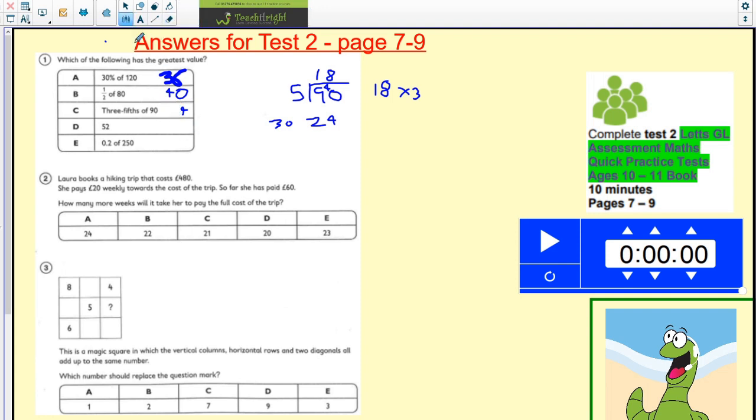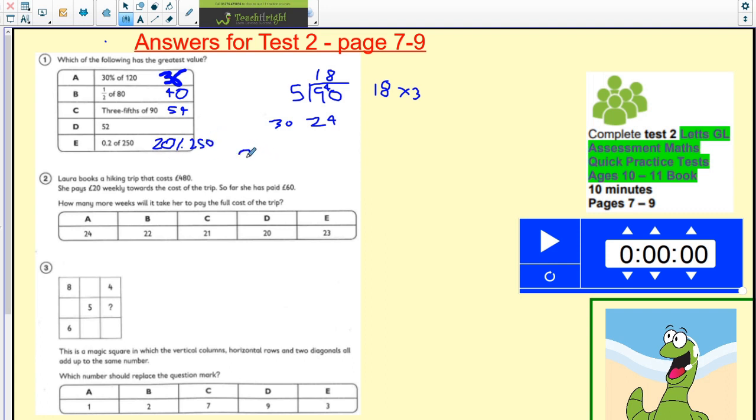Then the last one, I like this bit of maths. I can work out what 5 squared is. Just leave it alone. And then 0.2 of 250. And remember, of means times, so we could multiply it. That might be the easiest way. I think, for my own mind, I'm going to turn that into a percentage, because that's the same as asking for 20% of 250.